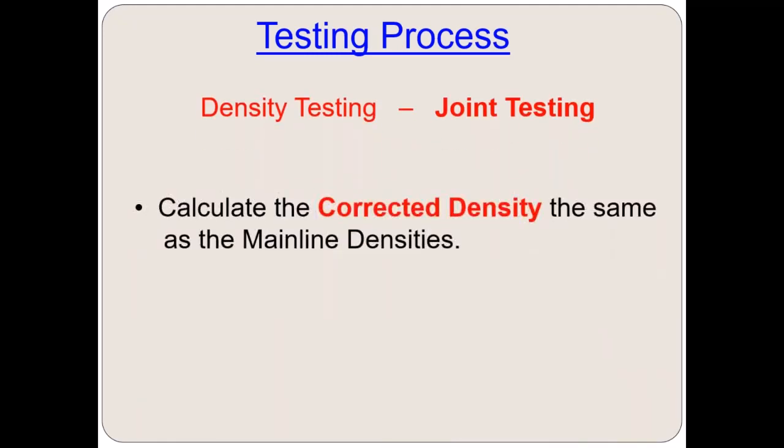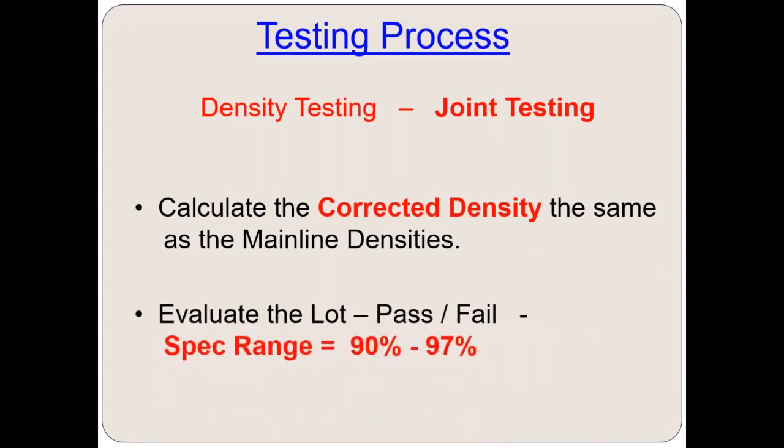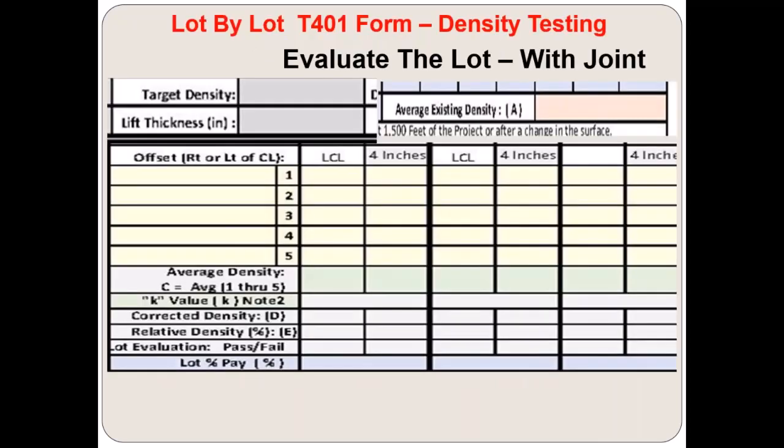We're going to calculate the corrected density just the same as what we did for the mainline densities. And we're going to evaluate the lot to determine whether it passed or failed. And remember, our specification range is going to be 90 to 97% for our joints. So we use these numbers.